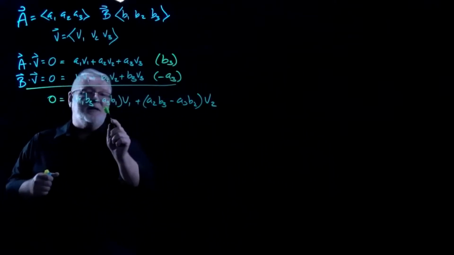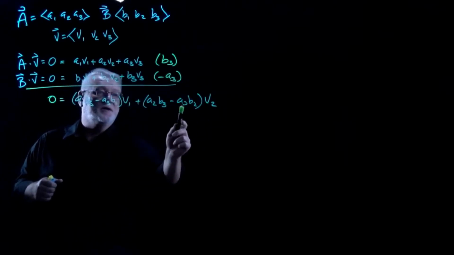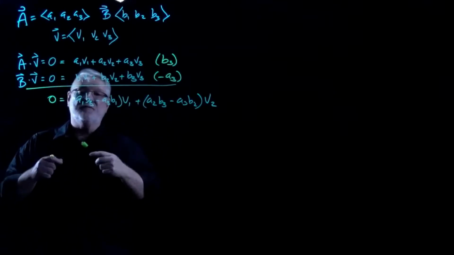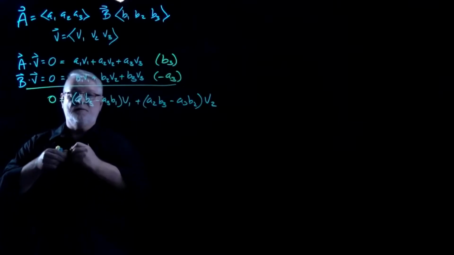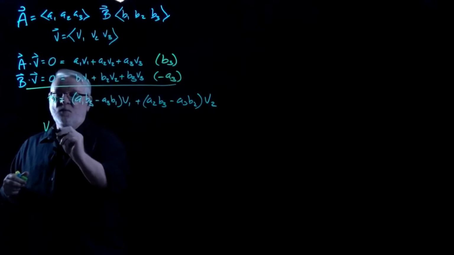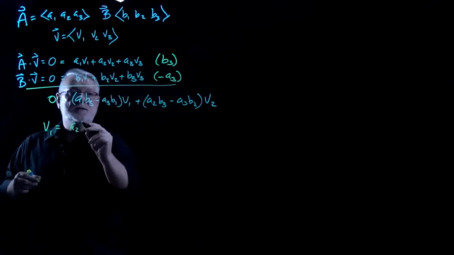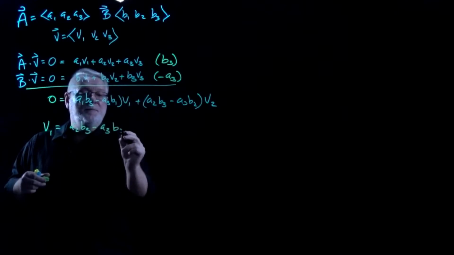Now, these can't be exactly equal to this term in parentheses being V2 and this term in parentheses being V1, because then they wouldn't add to 0. One of them has to be negative. I'm going to choose for the V2 term to be negative. So that's going to make V1 equal to what's in these parentheses, A2 B3 minus A3 B2.